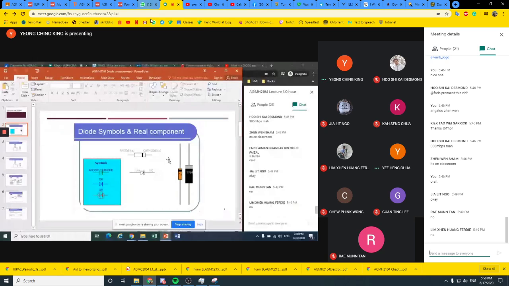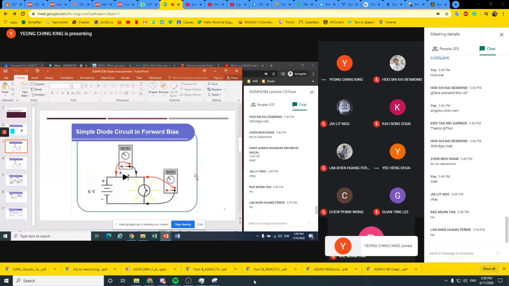Okay. So this one is the diode symbol and the connection. If you look at the diagram like this, do you understand how to do the connection?